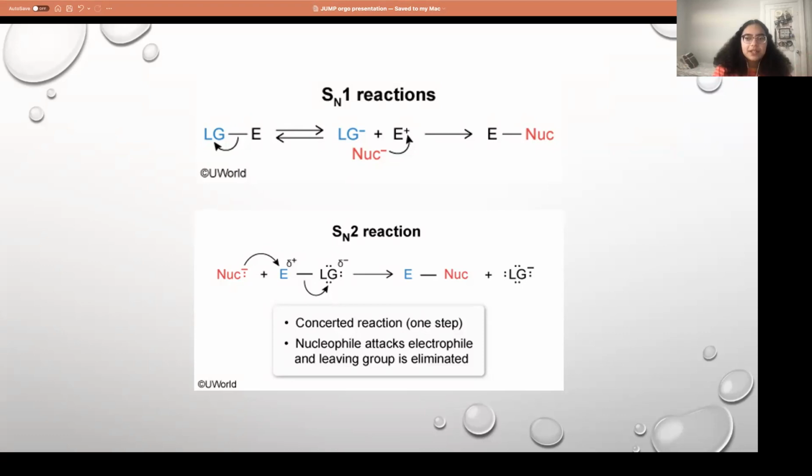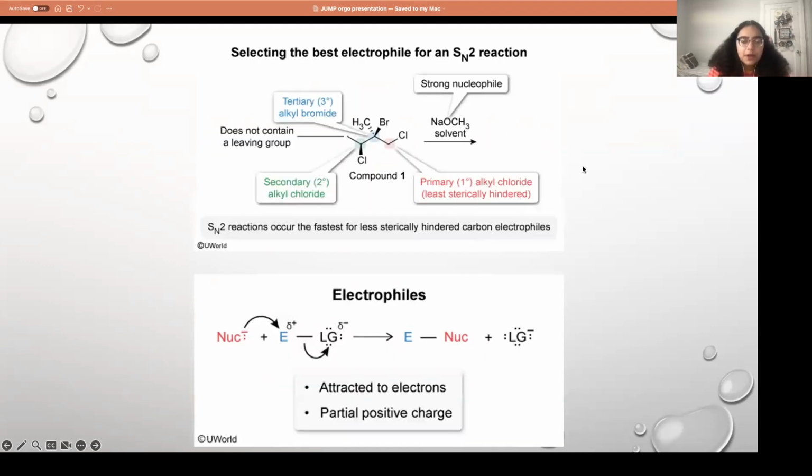In SN2 there's a backside attack, and your leaving group leaves at the same time as the nucleophile is attacking, and that will reverse your stereochemistry, which is important to know. In general, an electrophile is attracted to electrons, so it has a partial positive charge, whereas a nucleophile has a partial negative charge because it's attracted to nuclei, positive things.